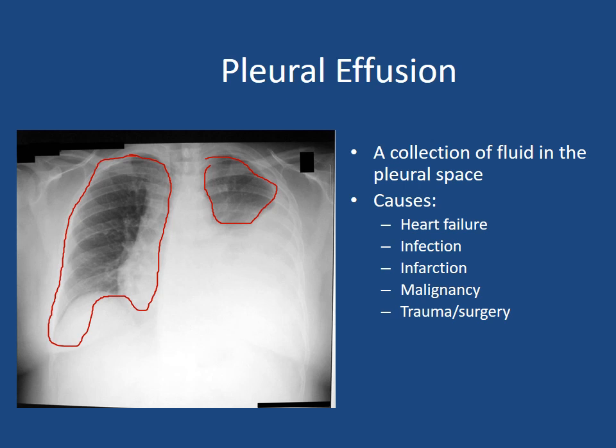Because fluid is much more dense than air, the fluid shows as white on the X-ray. So the fluid that's within the chest cavity, often it can move up from the bases of the lungs, and the fluid can move up the chest wall, starting usually at the bottom and moving up towards the top.